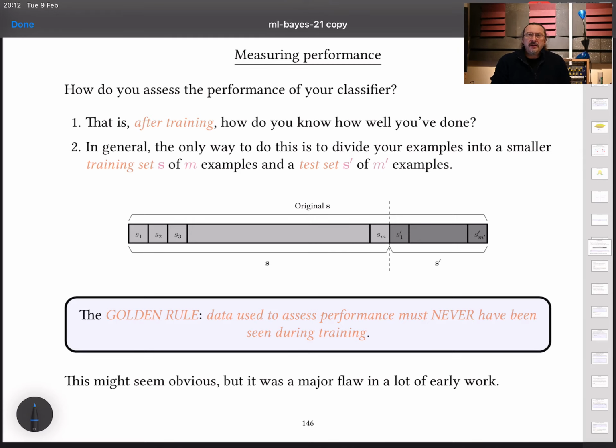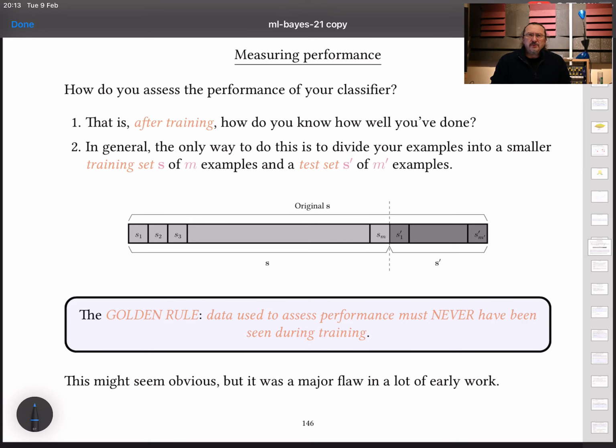But before I talk about that, I have to talk about something even more fundamental, and it's this. If you want to measure how well your algorithm, your learning method, is doing, then you have to assess it using data that it didn't see during the training process. This is an absolute golden rule for the supervised learning context. You will only ever have a finite amount of data available that you can use to train your system.